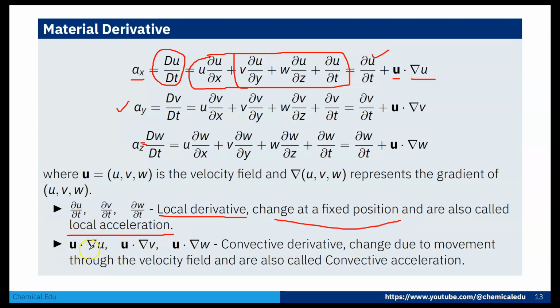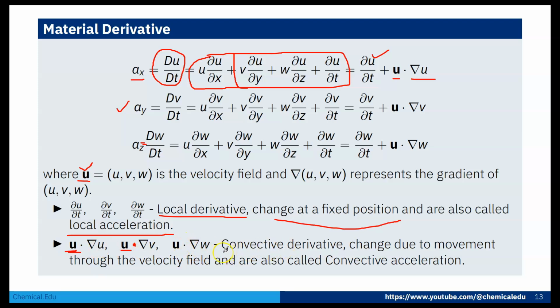And then u dot nabla u, where capital U is the actual velocity vector, dot nabla v and u dot nabla w.